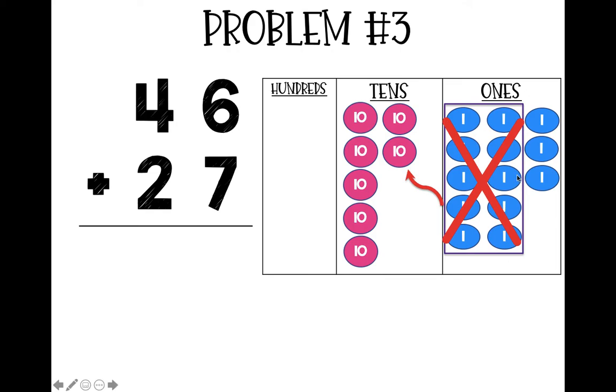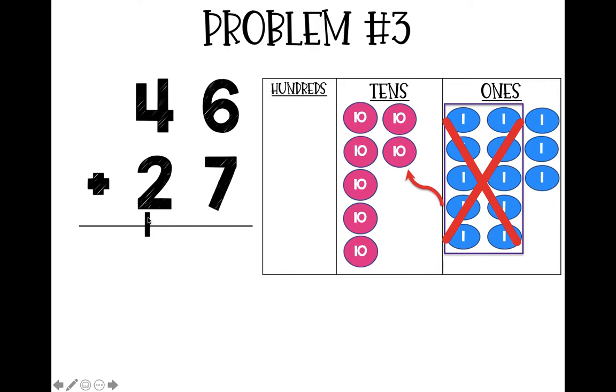Remember, since we showed this on our place value chart, we also need to show it on our vertical form. Do you remember how we show that we made a new 10 on our vertical form? That's right, we draw a 1 on the line under the tens place to show that we had 4 tens plus 2 tens, but we made a new 10 from our ones.